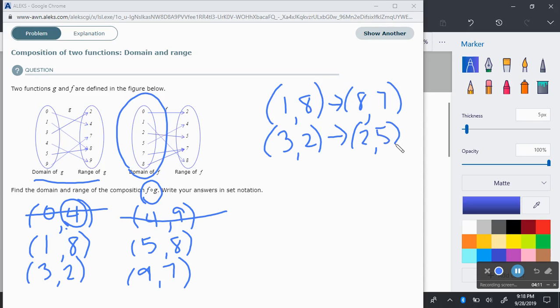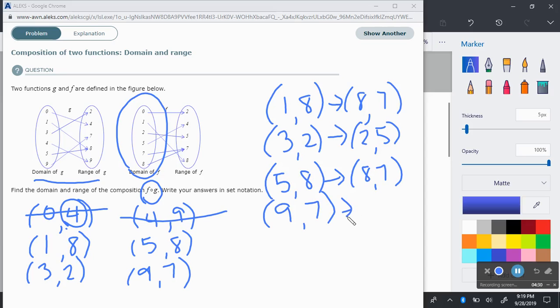So if you notice, all of the ranges in g correspond with the domain in f. Continuing on in this pattern, we're going to have (5, 8), and again 8 is going to go to 7. And we're going to have (9, 7), and 7 connects to 7. As you can see here, we have an arrow from 7 and 8 both going to 7.